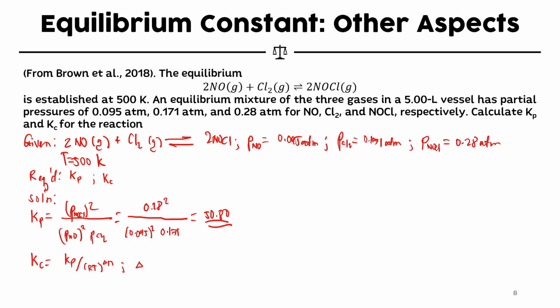Our delta n is the coefficients of the product minus that of the reactant. Our product is only NOCl with a coefficient of 2, so that is 2 minus the 2 from the nitrogen monoxide and the 1 from your chlorine gas, and that is equal to -1.